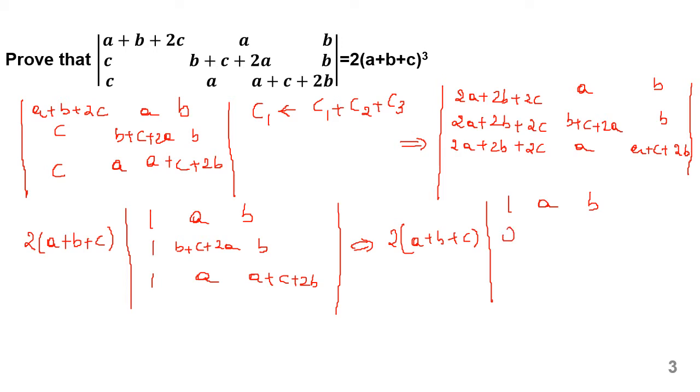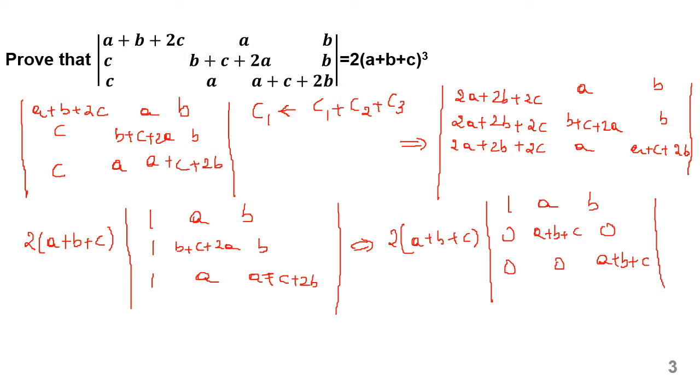B plus c plus 2a minus a will be a plus b plus c. B minus b will be 0. 1 minus 1 will be 0. A minus a will be equal to 0. A plus c plus 2b minus b will be a plus b plus c.